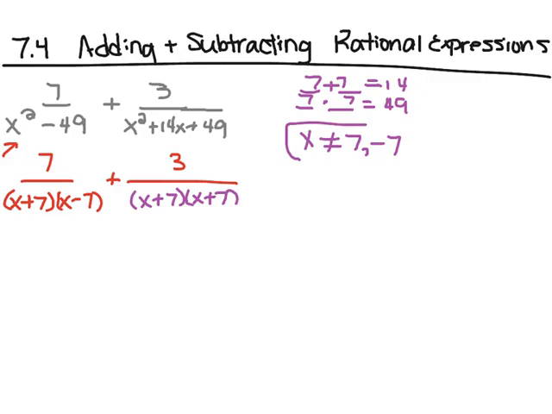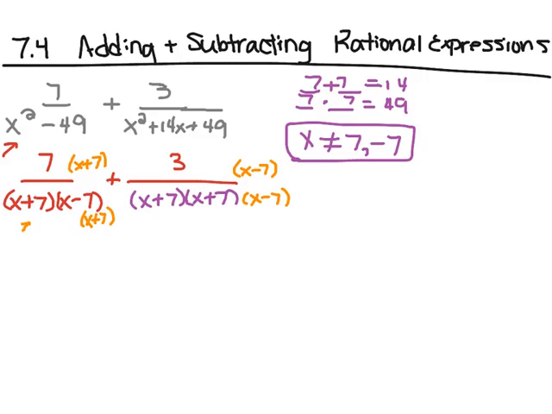So remember that. Now we're going to multiply to get our denominators the same. So this one has an (x plus 7) squared, and this one has an x plus 7 and an x minus 7. So we're going to multiply this side by x minus 7, and this side by x plus 7.